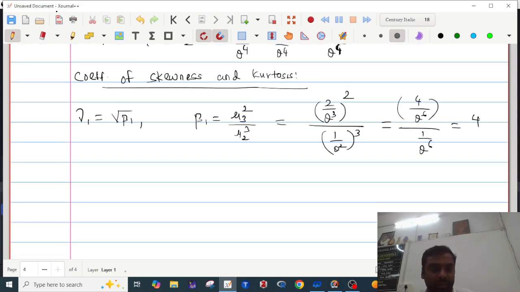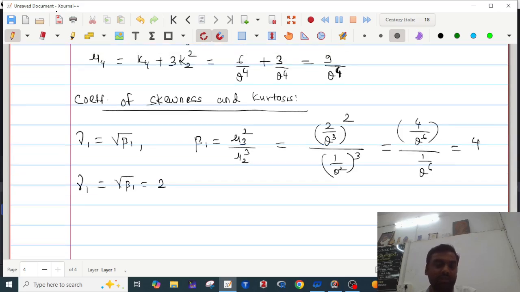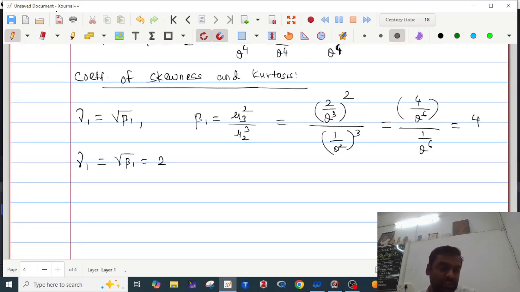Beta 1 is 4, gamma 1 is equal to square root of beta 1, which is equal to plus minus 2, but we will consider it simply 2. Why? Because all the values are positive, therefore we will get plus 2 here. So beta 1 is 4, gamma 1 is 2.